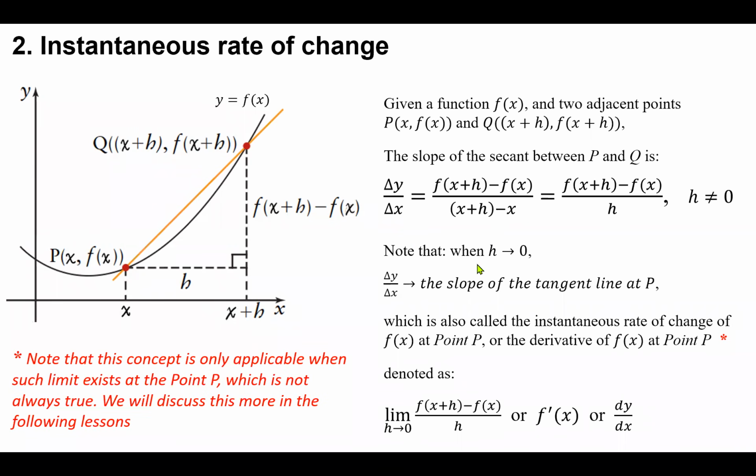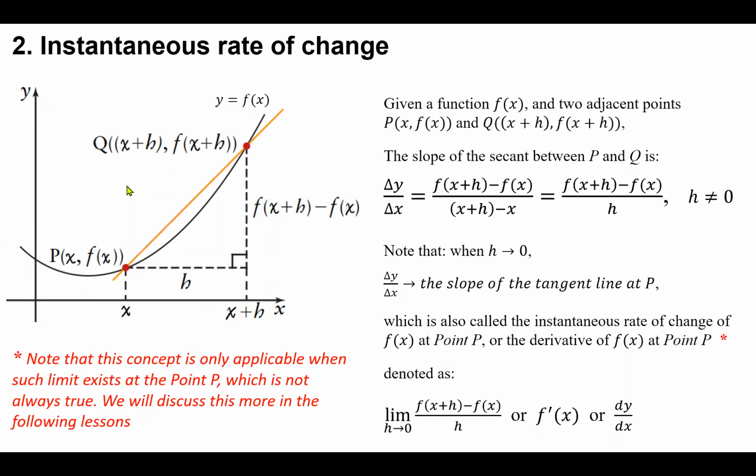So note here, when h approaches 0, then the ratio delta y over delta x approaches the slope of the tangent line at P, which is here. Why is that? Because when h is very small, or when h approaches 0, can you imagine that Q is actually approaching point P, right?